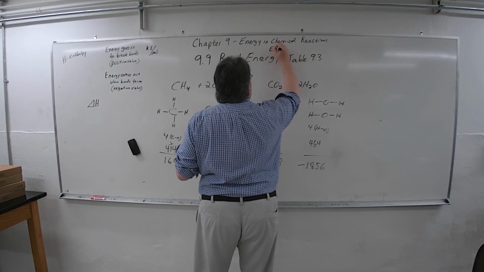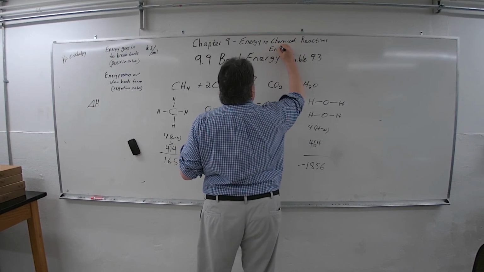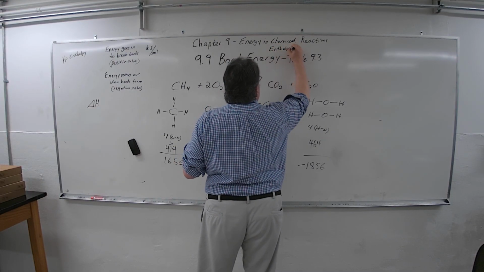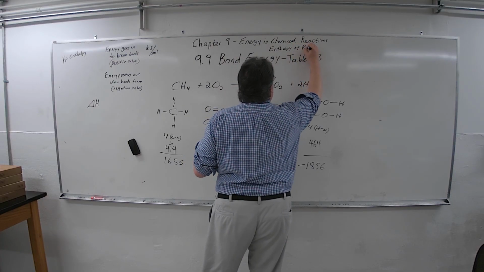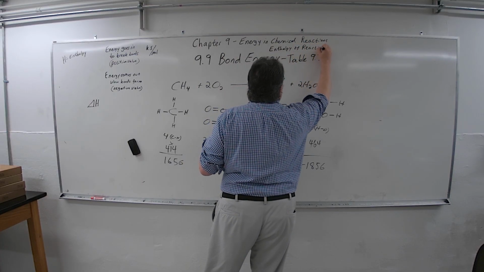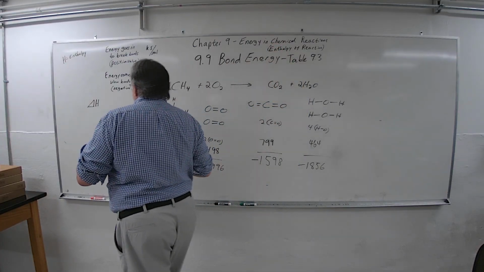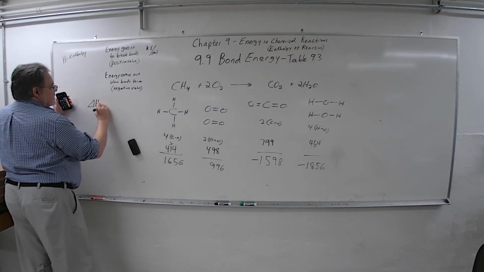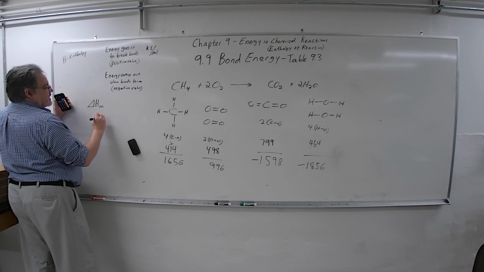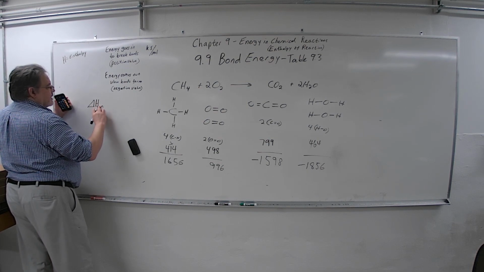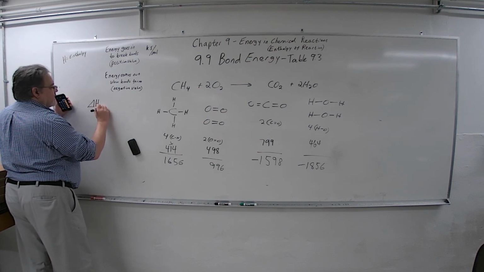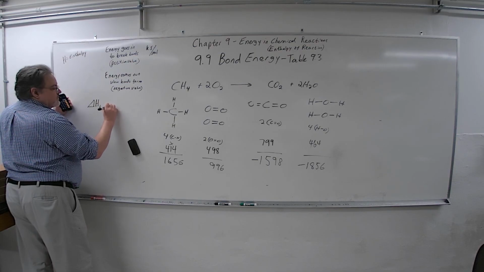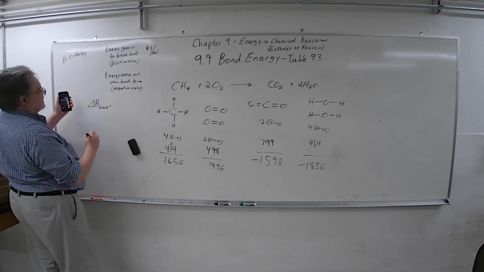The technical term for the energy for chemical reactions is enthalpy, so it's just a big vocabulary word. So I'll say delta H, energy in, or I could say energy to break. I'll say break bonds.